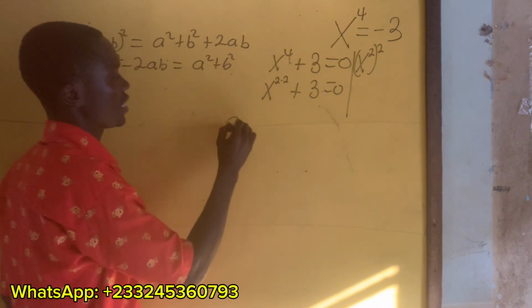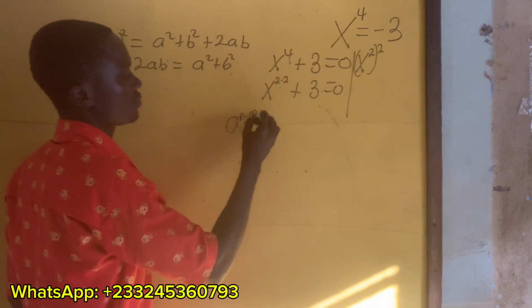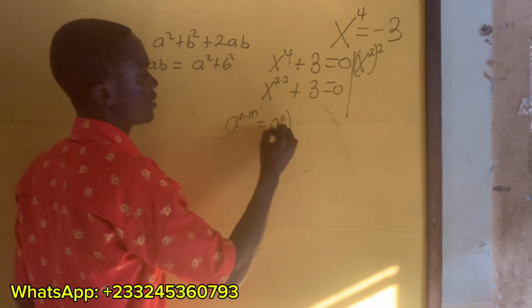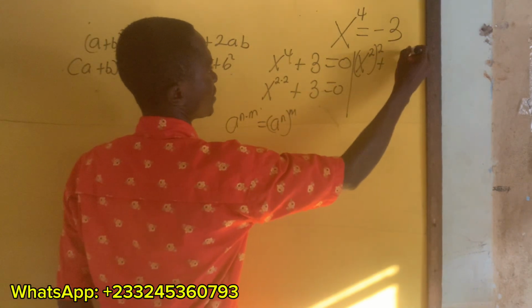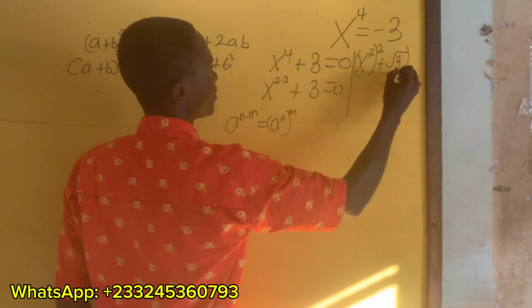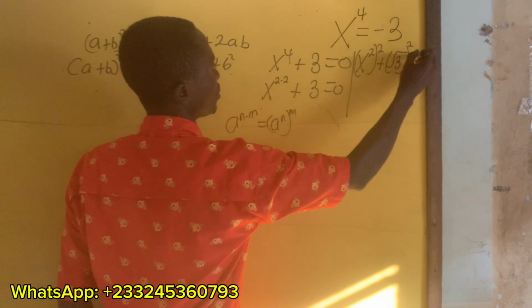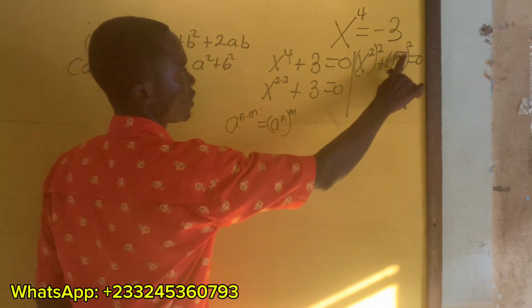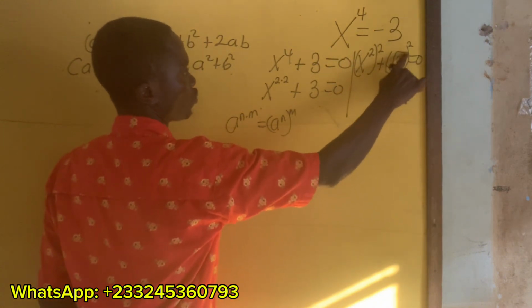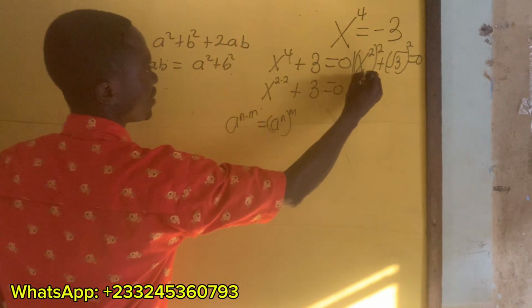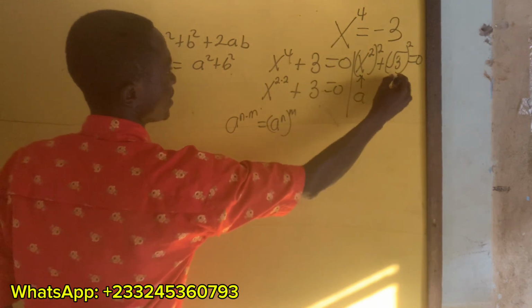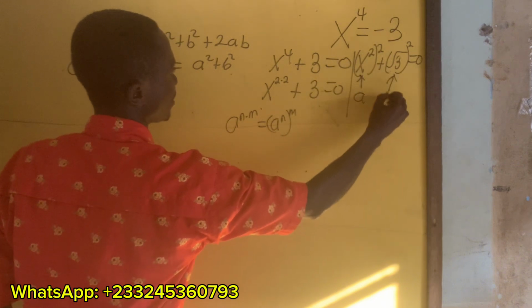If I have a power n times m, then I get a power n power m. Now this can be written as x squared plus the square root of 3 power 2 equals 0. Remember, if this comes here, this will cancel the square root and come back. So we take x squared as a and square root of 3 as b.